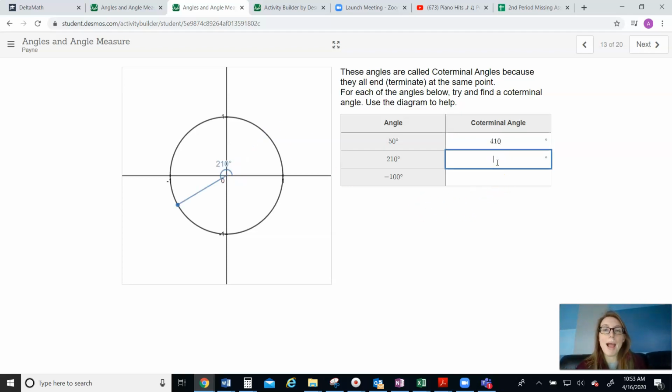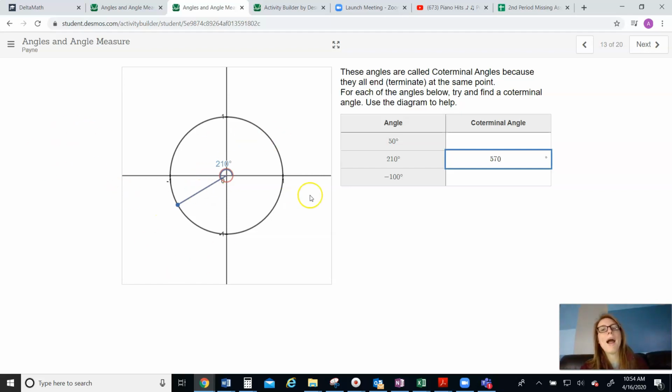So I could add 360 like I just did. So 210 plus 360, it'll kind of give you an idea. And that is 570. I can add. Okay. The other thing you can do is not only can I go counterclockwise around a circle, I can go clockwise, right?